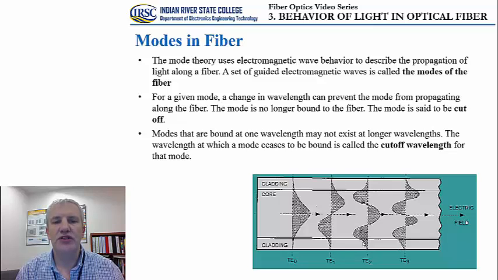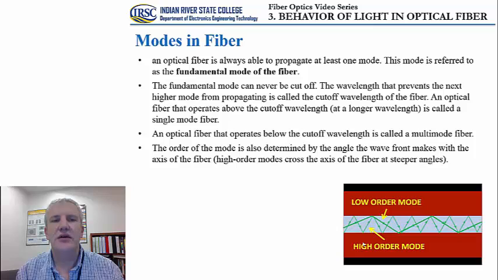So for a given mode, a change in wavelength can prevent the mode from propagating along the fiber. The mode is no longer bound to the fiber. In other words, the mode is said to be cut off. So by controlling the wavelength of the light that we are launching into the optical fiber, we can control the number of modes that are propagating along that optical fiber.